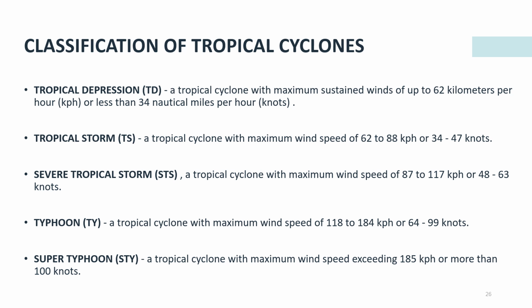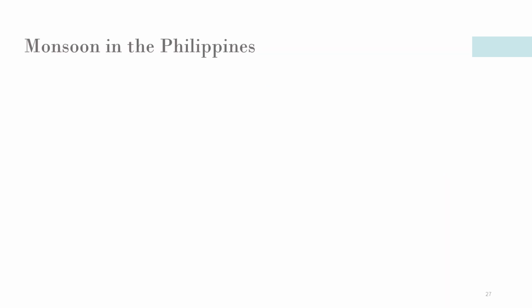Now, since we're coming closer to what we could be experiencing or what we could relate to in our country, which is the tropical cyclones, now we're going to check the monsoons in the Philippines. So in the previous lecture, we were talking about the atmospheric circulation, and we've encountered what monsoon is.